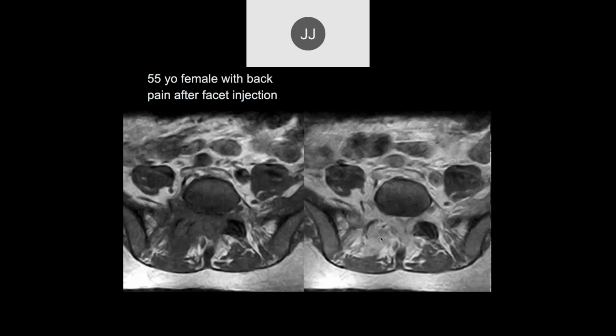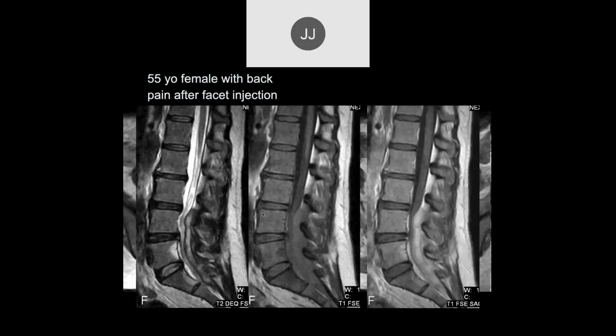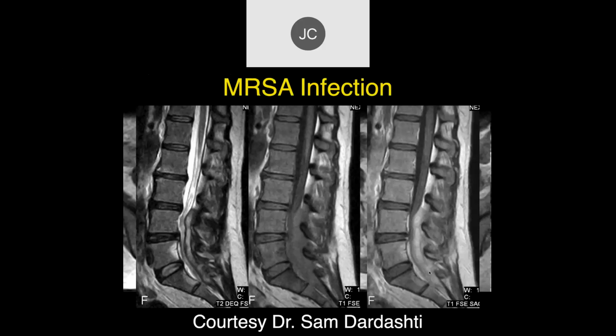Okay, and then here, if we look on the sagittal images, what are we seeing back here? So there's extradural space occupying a lesion. Okay, so if you just injected a facet joint, what would you be most concerned about? Oh, maybe you went into the thecal sac?